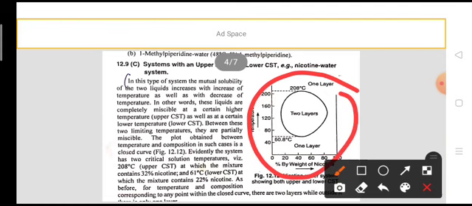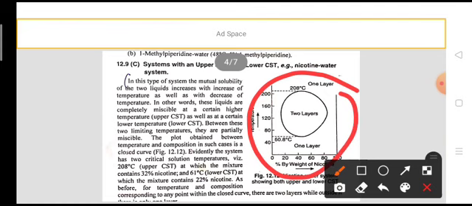In this type of system, the mutual solubility of the two liquids increases with increase of the temperature as well as with the decrease of temperature also. So this is the different system which is having both upper CST as well as lower CST.